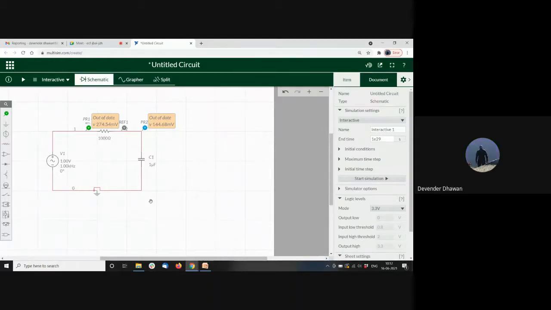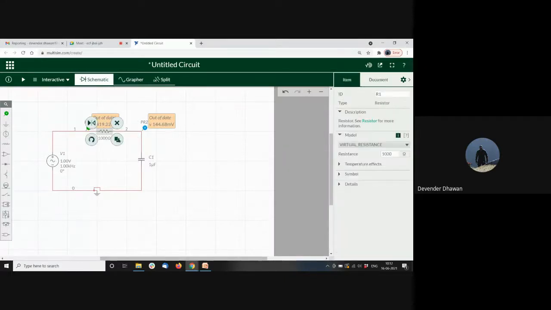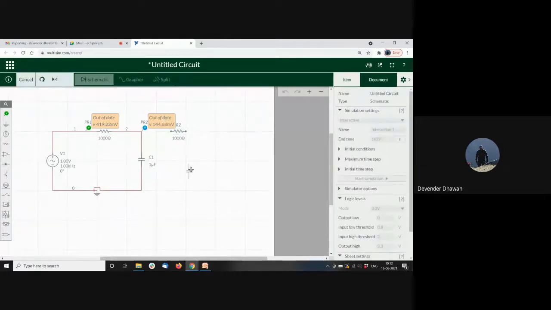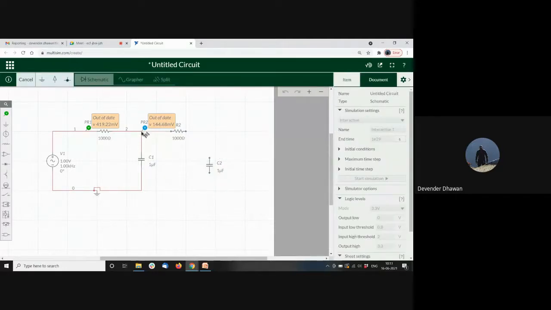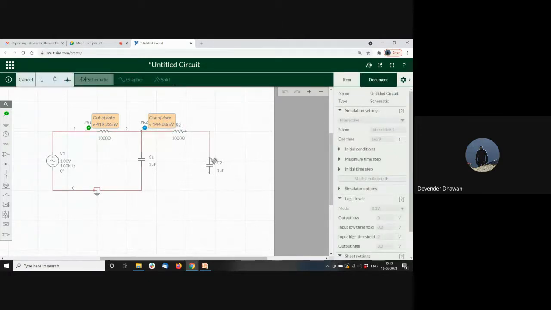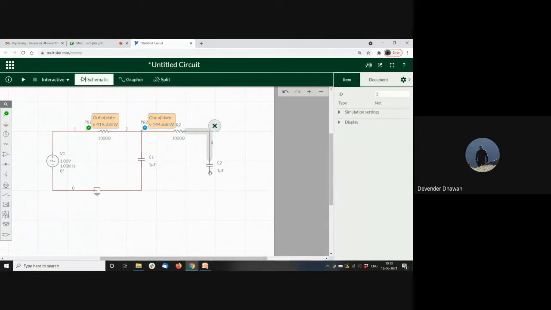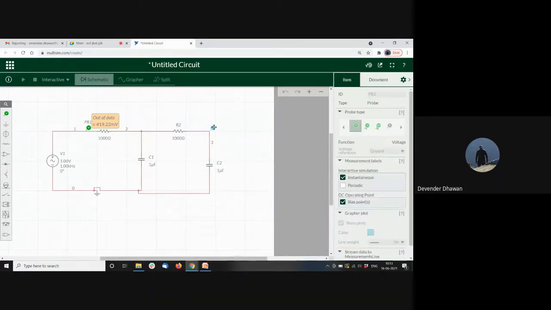Okay, so to make a second order low pass filter, I will copy this, put it here, and copy this also and put it here. Let me connect it. Now the measurement will be across this for the low pass.